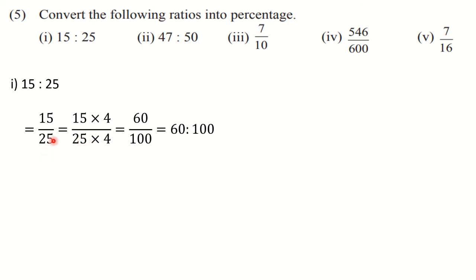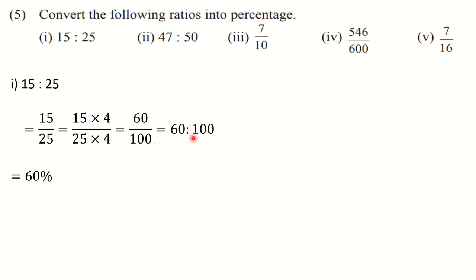But I cannot multiply only the denominator. I have to multiply both the numerator as well as the denominator by 4. 15 into 4 upon 25 into 4. So 15 4s are 60 and 25 into 4 is 100. So the ratio is 60 is to 100, which you can write as 60%.